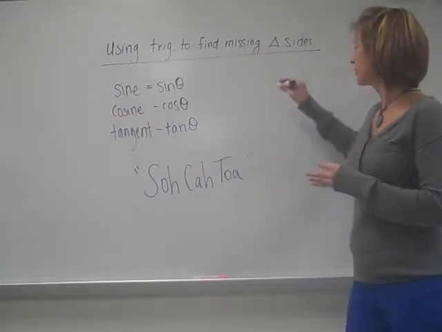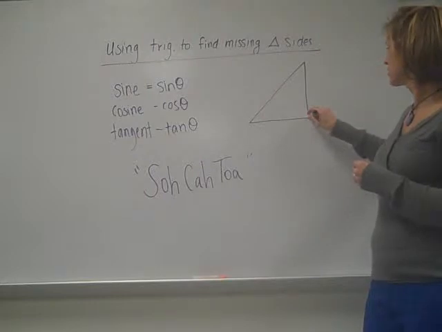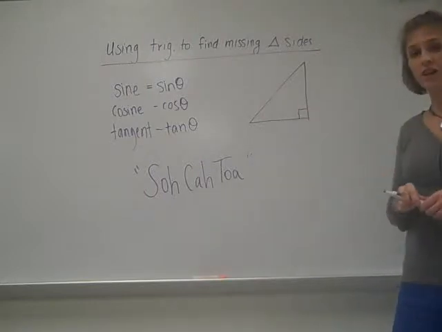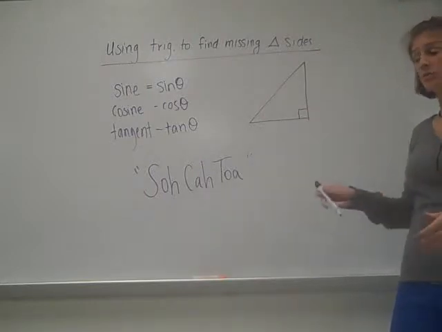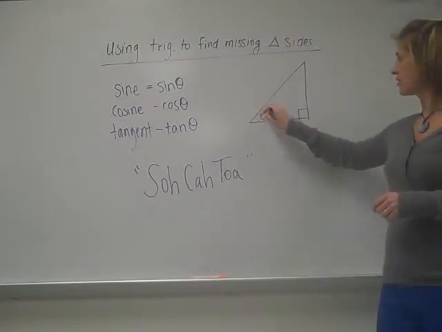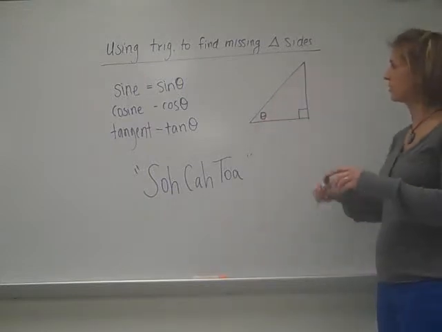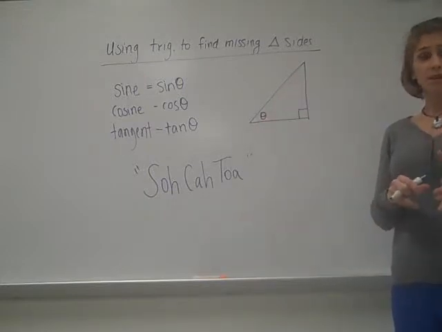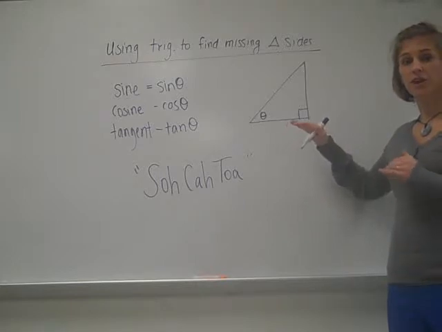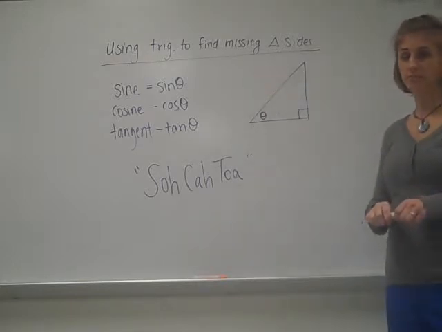So if you remember from geometry, if you have a right triangle, and this only works with right triangles, we call one of the angles theta. It doesn't matter if you pick this one or this one, but when you pick your angle and you call it theta, the three sides have special words.